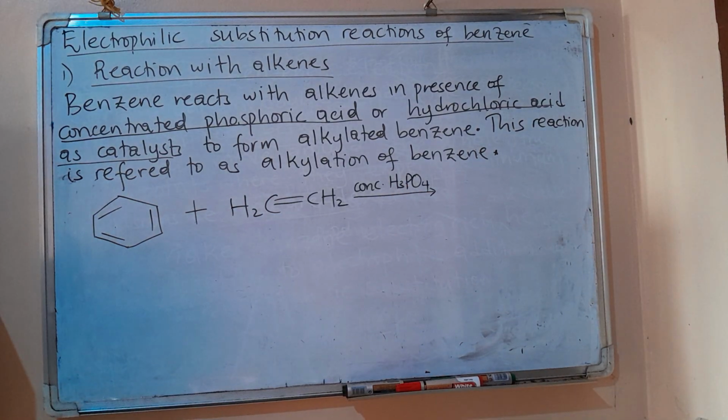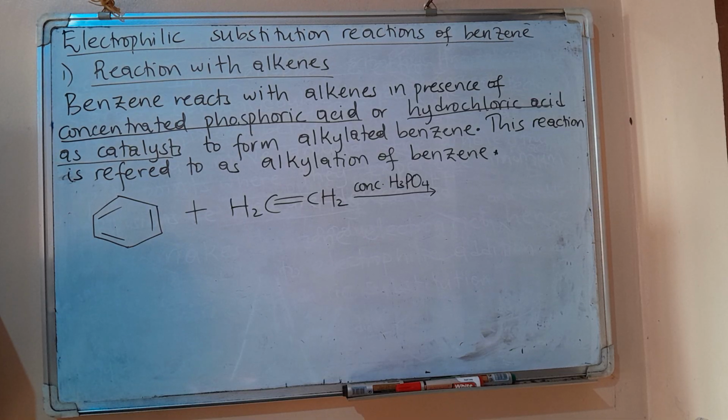What shall we obtain in this case? So concentrated phosphoric acid is serving as a catalyst. It is going to help us form an electrophile.